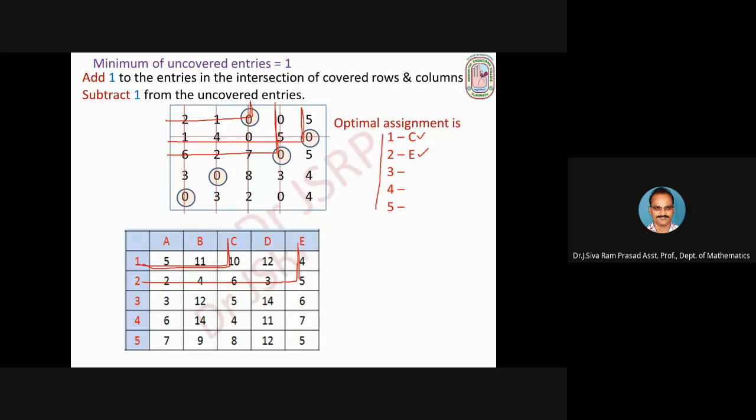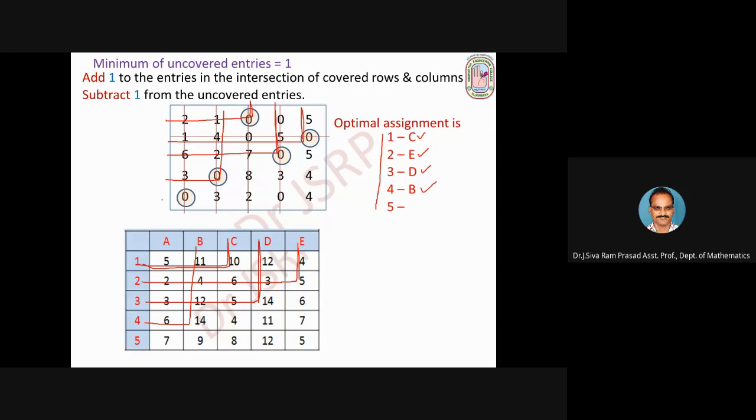So mission 3 is assigned to job D. Next, fourth row, second column. That is, mission 4 is assigned to job B.